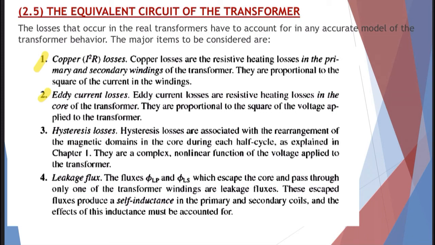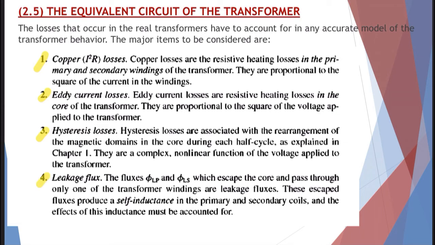Number 3, hysteresis losses, which are associated with the rearrangement of the magnetic domains in the core during each half cycle. Number 4, leakage flux.